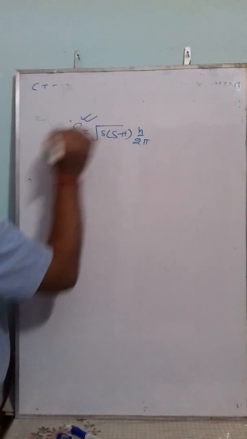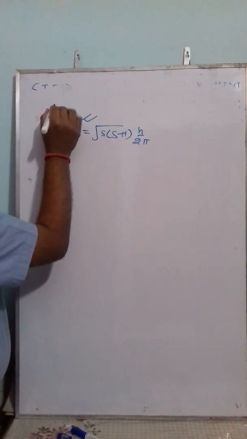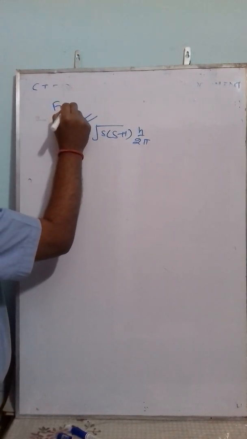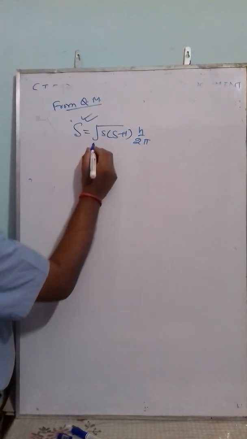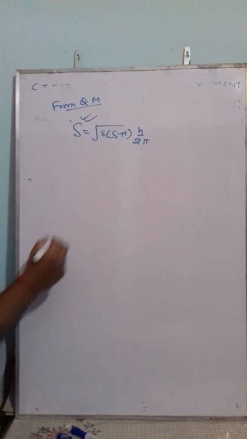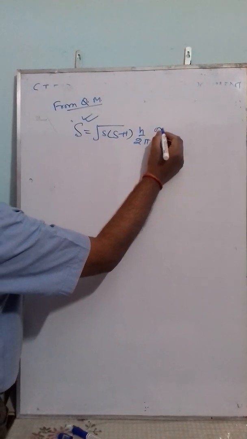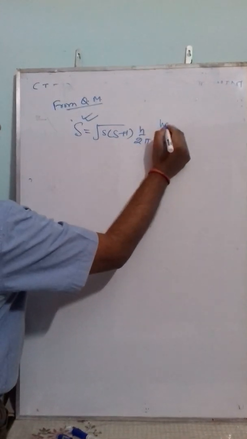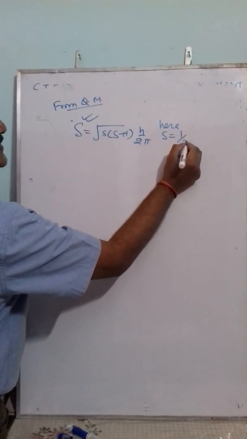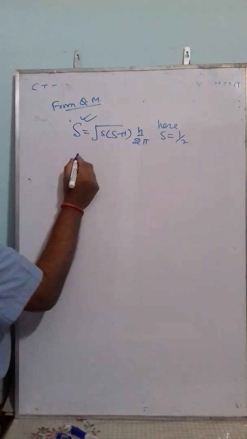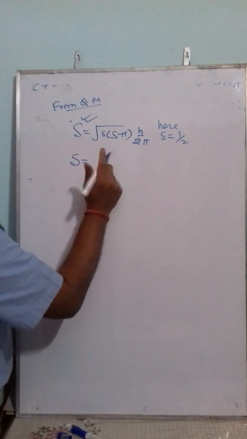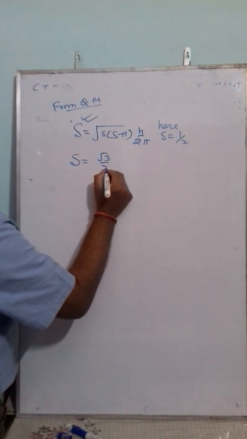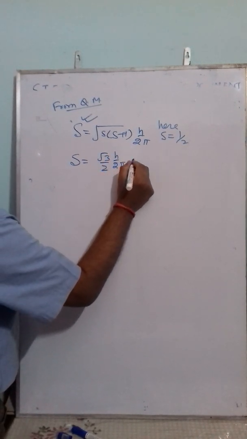This is the value of the spin angular momentum from quantum mechanics. Here the possible value of small s is taken to be half. So capital S is equal to root of half into half plus 1, that is root 3 upon 2 times h upon 2 pi.